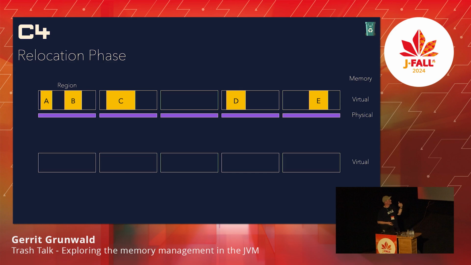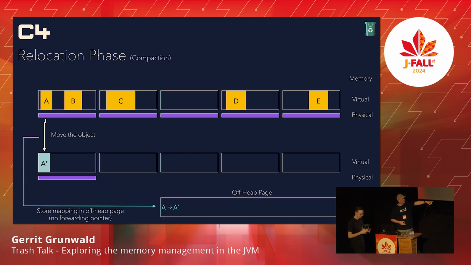So once we start copying things, like for compacting, we move objects from one area to the other. So we also allocate physical memory again. But instead of storing the information in the header of the old object, as was done with the Brooks pointer, we just copy the information into an off-heap page, which is a totally different approach.